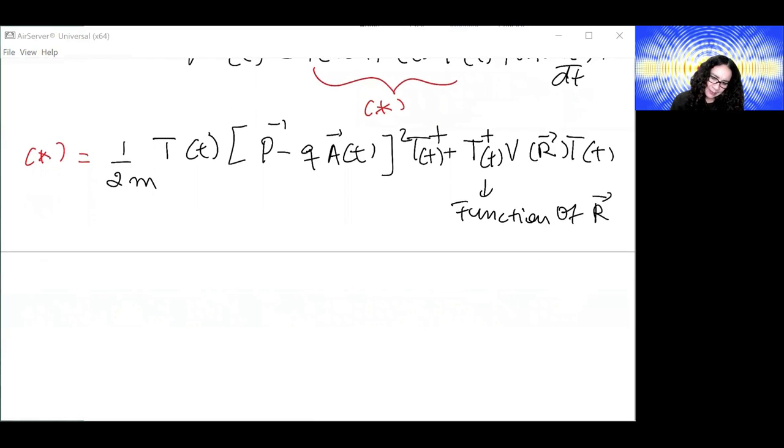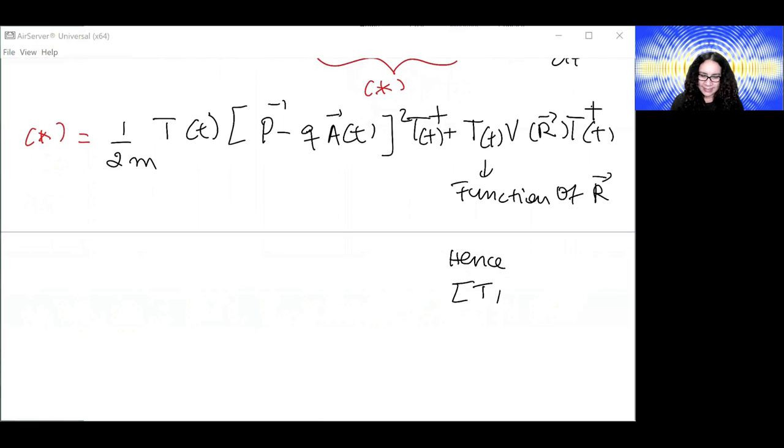This means that... no, this is the other way around, sorry. This dagger is here. This means that the commutator of T and R is equal to 0, correct?